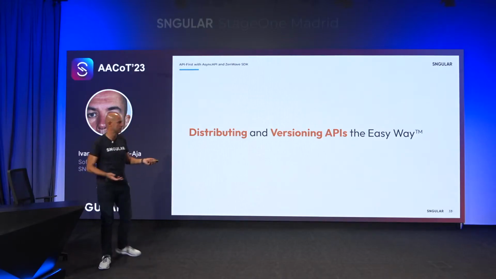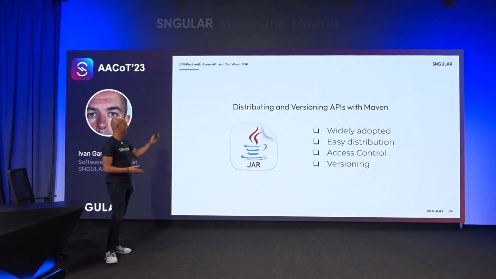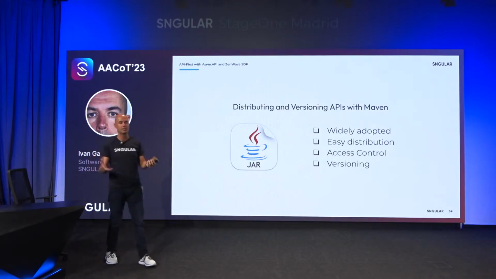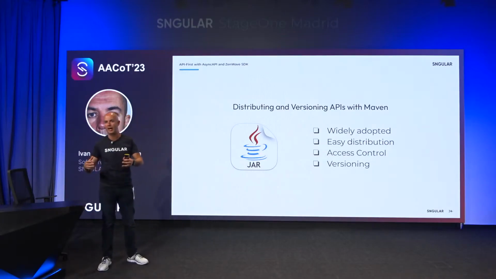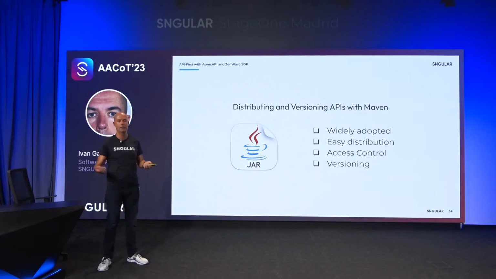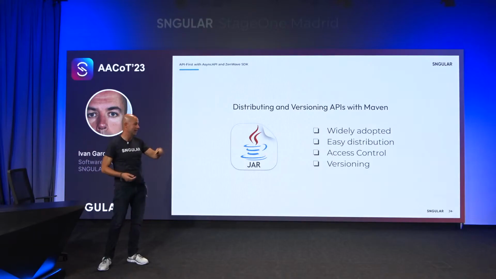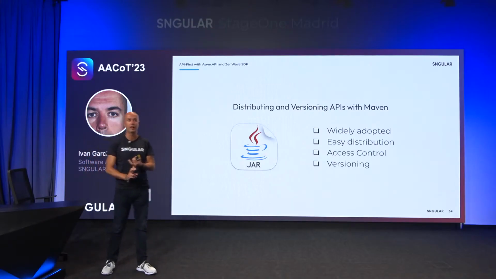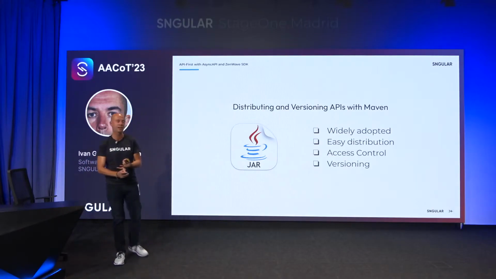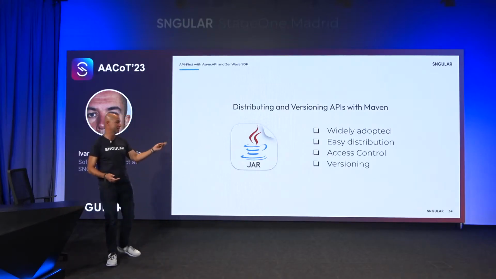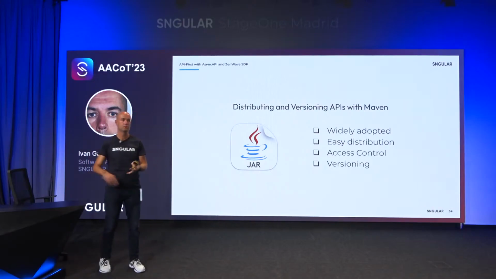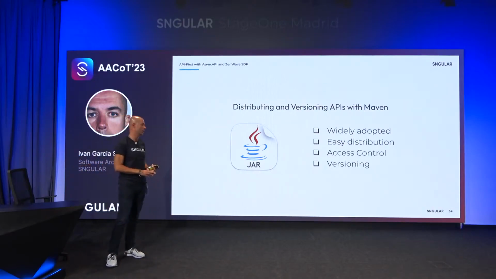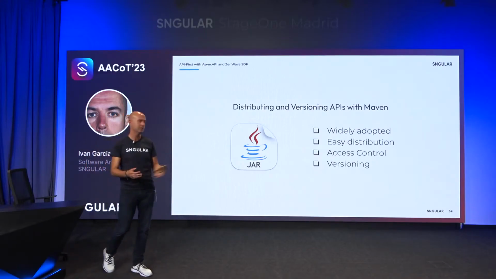We found that, at least in the Java world, if you pack it inside a jar file, you can use your Artifactory, which is widely adopted, and it's very easy distribution because every single Java project will have access, every single IDE will have access. You already have access control for the security. It doesn't matter if it's cloud or on-premise. And you also have, for free, the versioning.